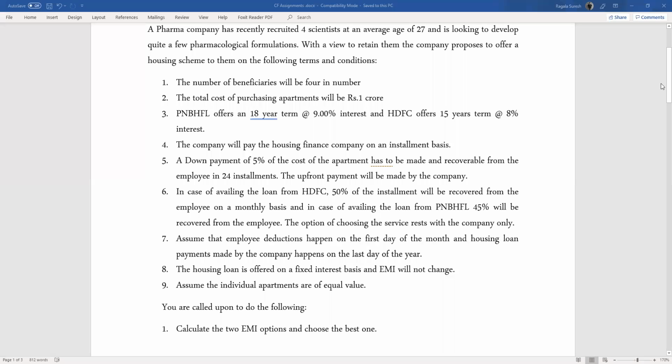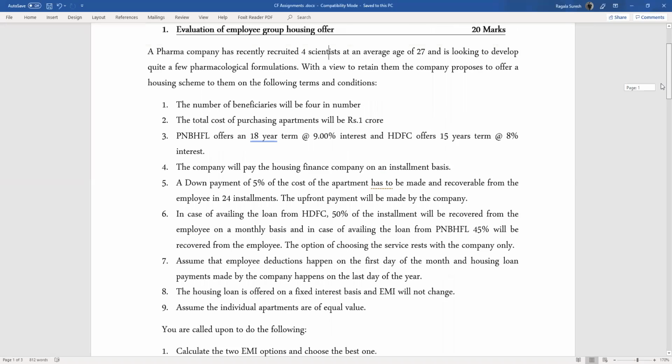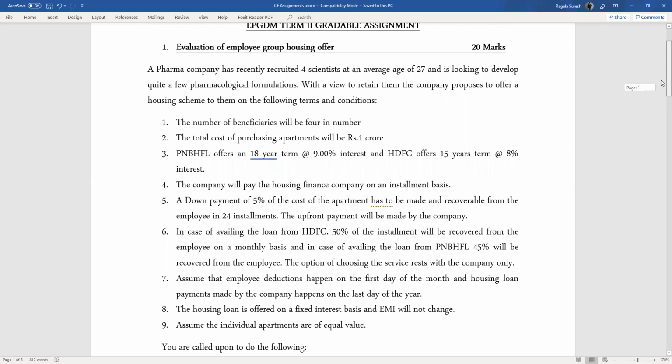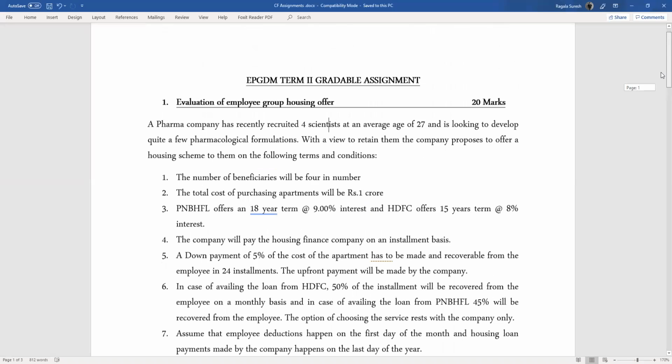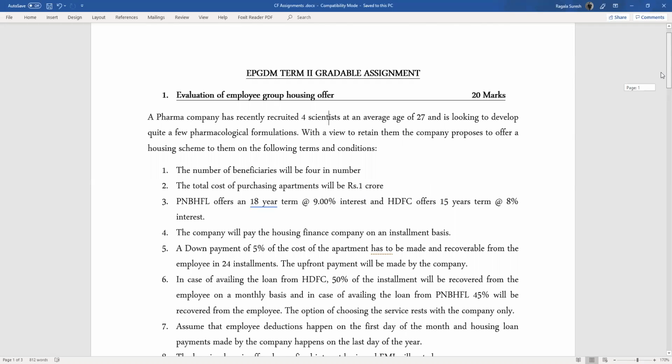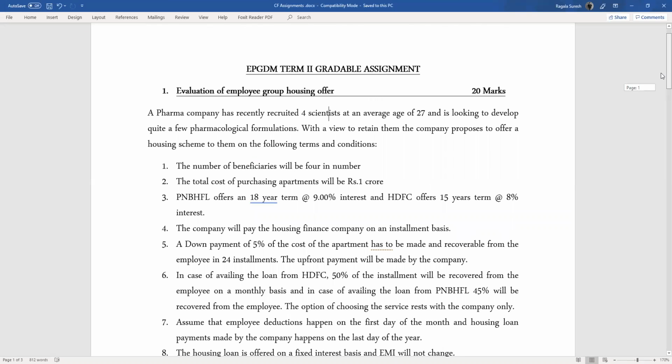But apart from that, a few more things are added: a down payment, installment, and HDFC, and for PNB there is 50% loan from the employee side, and 45% is given by the bank.